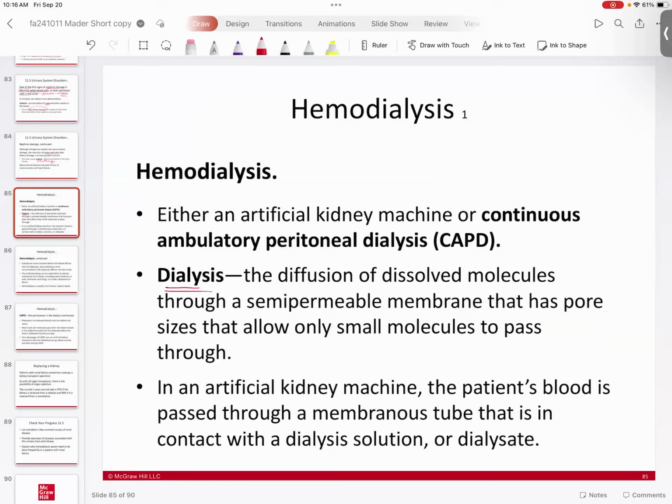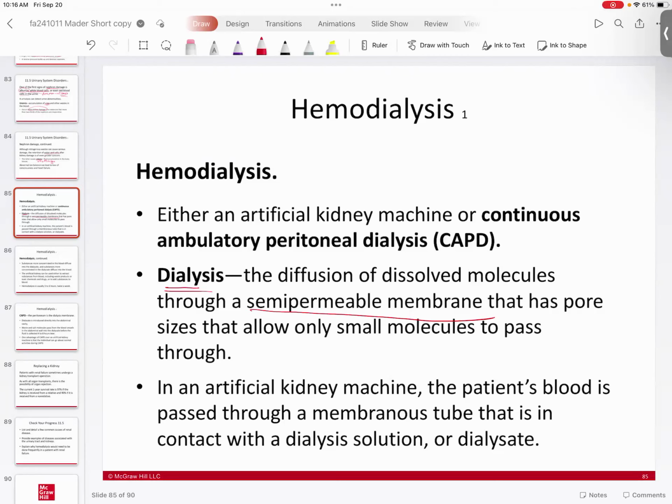So you diffuse the dissolved molecules through a semi-permeable membrane that has pore sizes that only allows small things to pass. So basically a machine is acting like the filtration membrane because your nephrons are shot. And so that's like what dialysis does. And of course you have your artificial kidney machine, where the machine is doing the membranous selection.